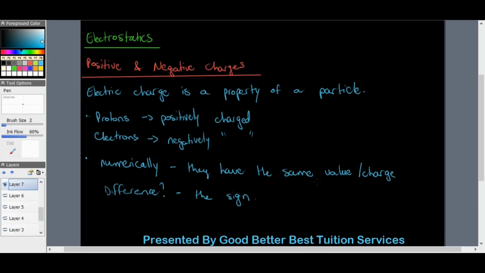So what's the charge of an electron? In my table of constants, it has a value of negative 1,6 times 10 to the negative 19 coulombs, and a proton is just positive. That's the only difference, numerically they have the same value.